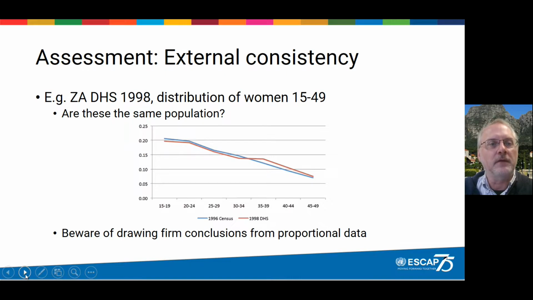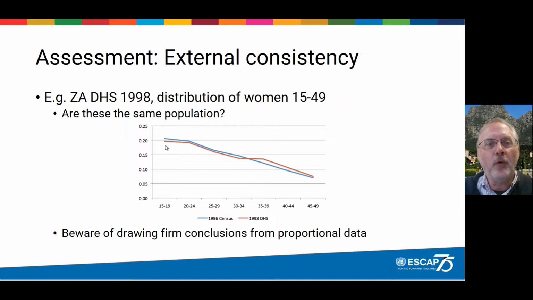So we can look, for example, at data from the South African Demographic and Health Survey of 1998, which presents a distribution of women by age 15 to 49. And these data from the South African Demographic and Health Survey of 1998 were sampled from the 1996 South African census.